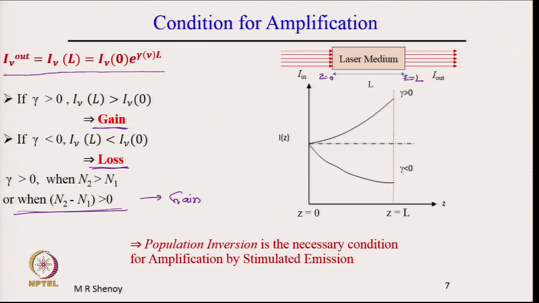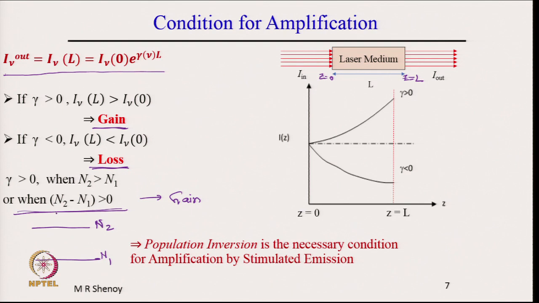What is N2 minus N1? Please recall that if I consider the two levels, N2 is the number of atoms per unit volume in the excited state, and N1 is the number of atoms in the ground state. Normally at thermal equilibrium, N2 is much less than N1.